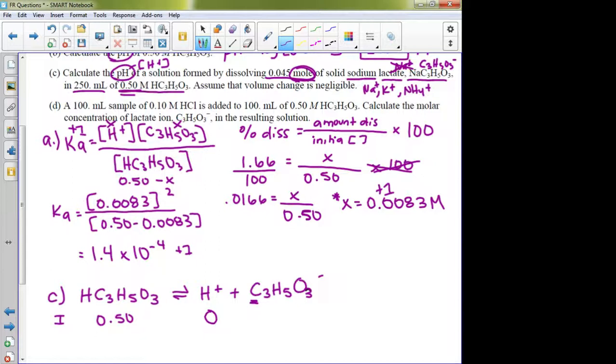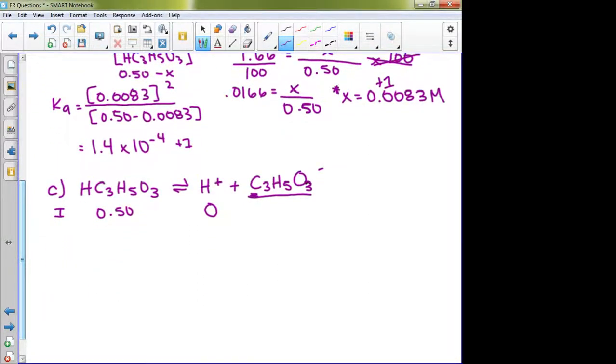So, whatever concentration that I added of the sodium lactate is the concentration that I added of my lactate ion, right? Yes? Okay. So I added 0.045 moles. Why can't I just write 0.045 down here in my RICE table? It's not in molarity. Remember, molarity is equal to moles over liters. So, do I have the moles? Yes, 0.045 moles.